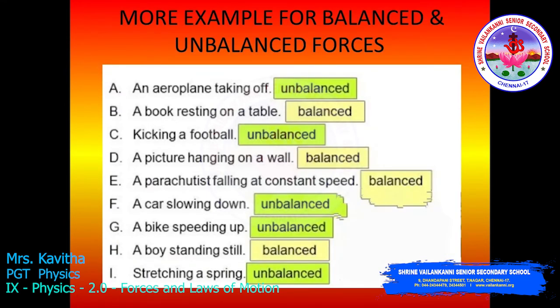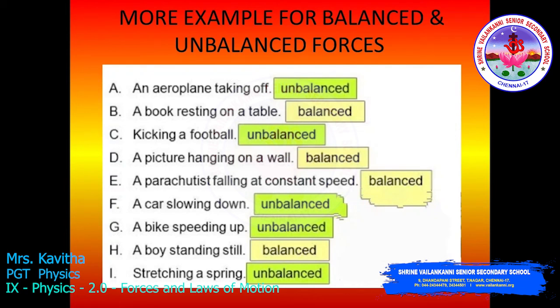These are some more examples of balanced and unbalanced forces. An aeroplane taking off is an unbalanced force. A book resting on a table is a balanced force. Kicking a football is an unbalanced force. A picture hanging on a wall is a balanced force.